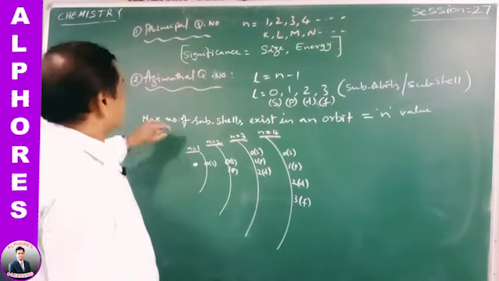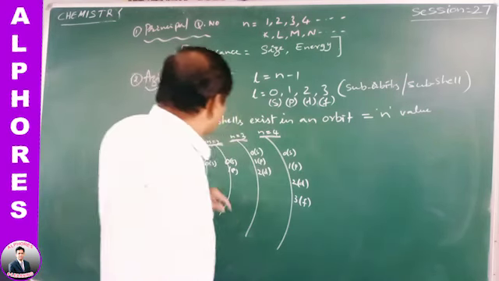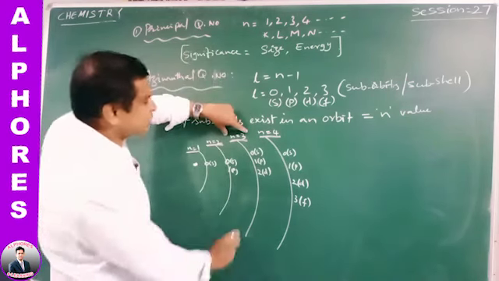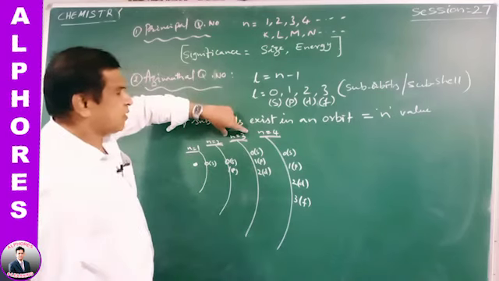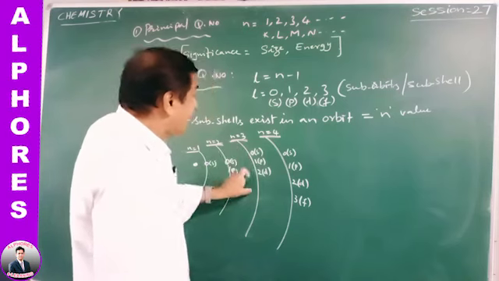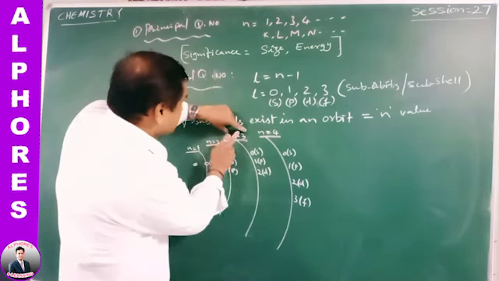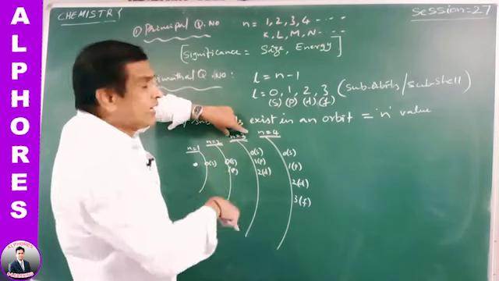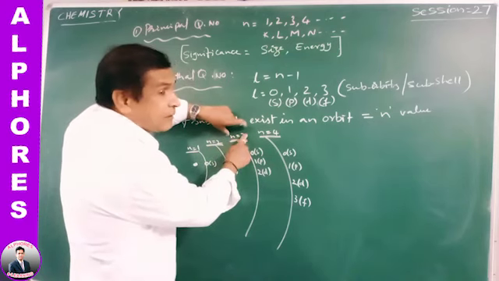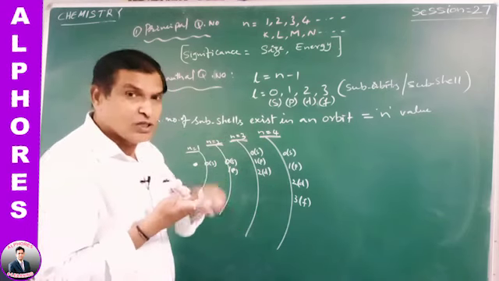So that is the maximum number of subshells in an orbit. In the third orbit, 3 subshells exist. Another point to remember: l values must be less than n values. Suppose n equals 3. What are the possible l values? They should be less than 3, so 2, 1, 0 are possible.